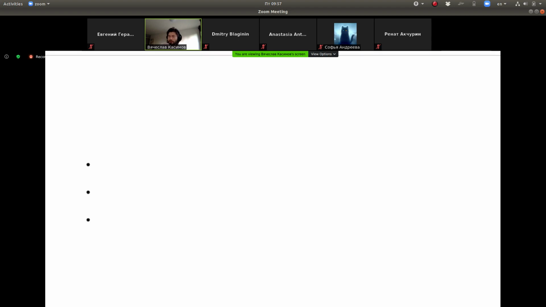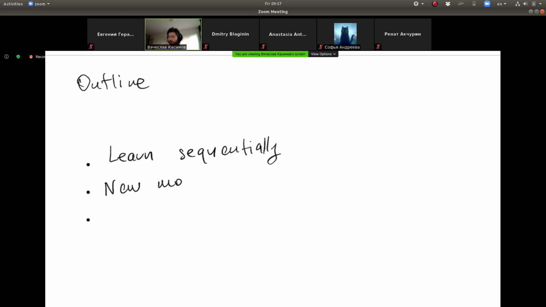Okay, and before we introduce them, let's make some outlines. What we need to recap from here is that we learn sequentially. The new model is, let's say, conditioned on old models, and at least tries to correct them.